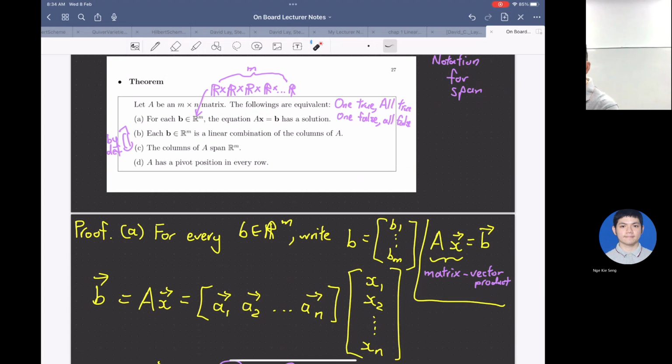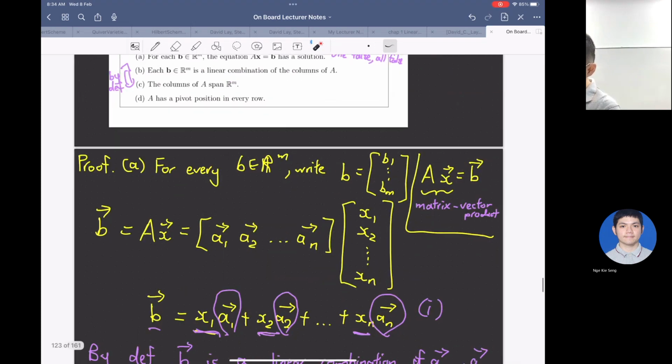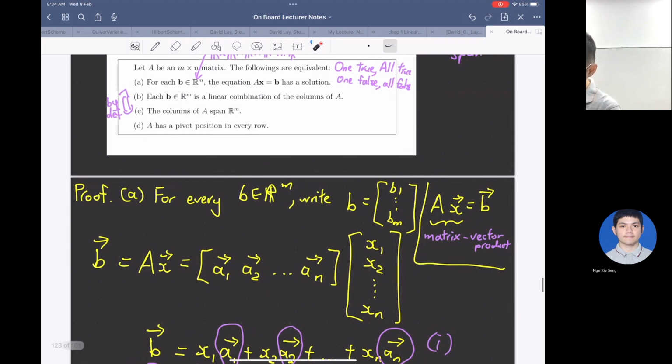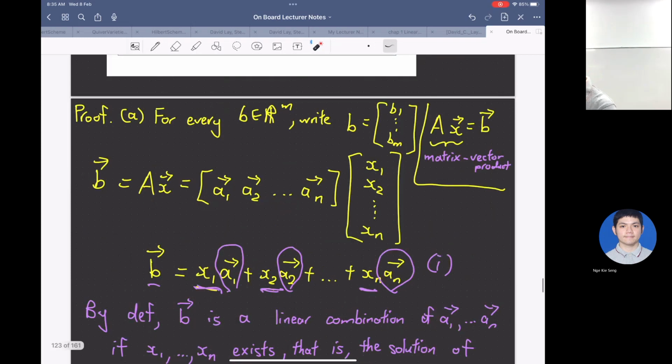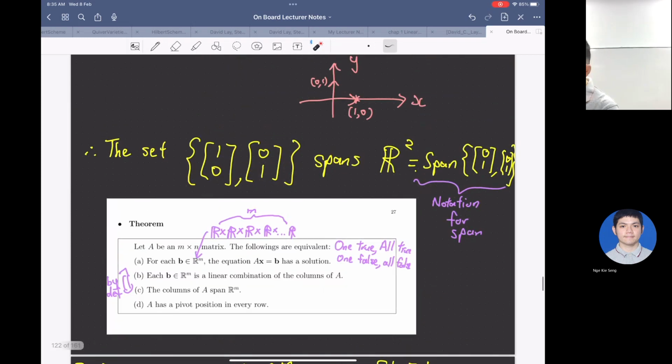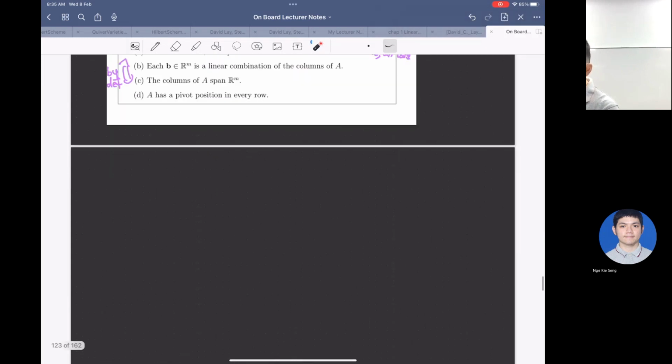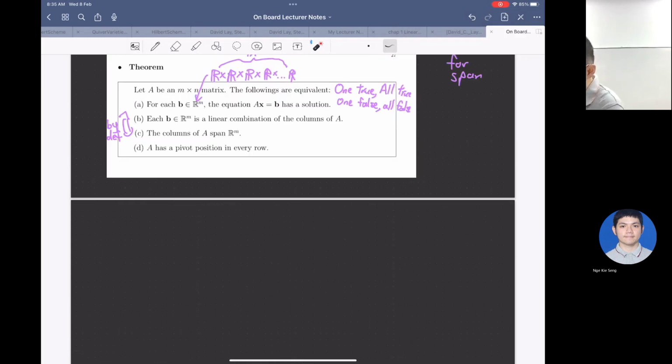So we want to establish the connection between D and A. A, B, C are connected just by definition. You just spell out the definition. But D is a bit special. Spelling out D with A is more obvious. So maybe let's do here again, A and D.